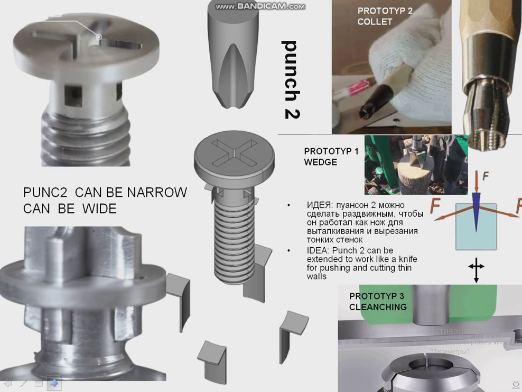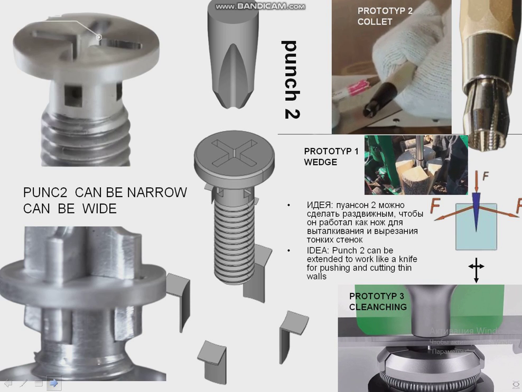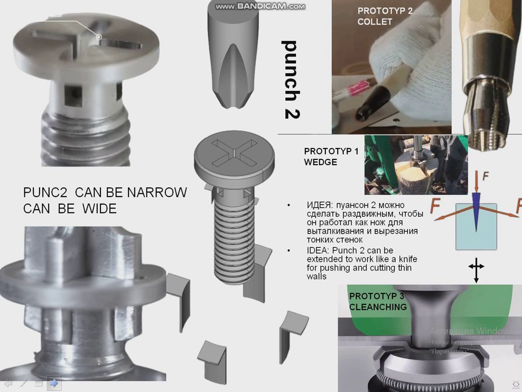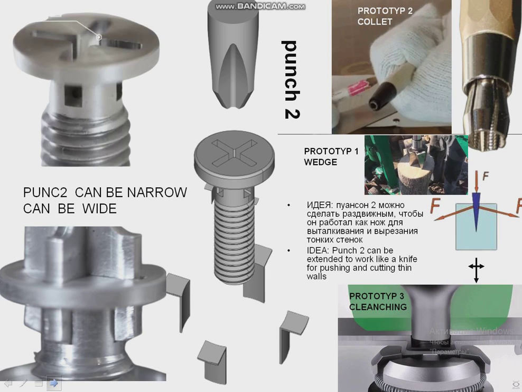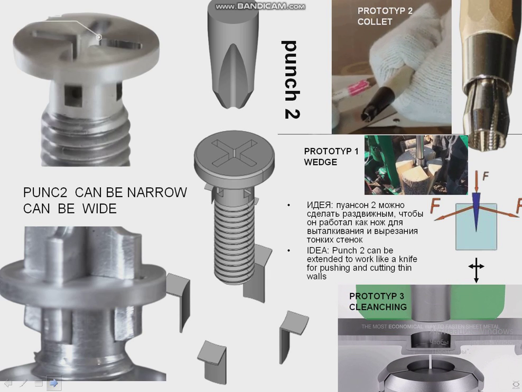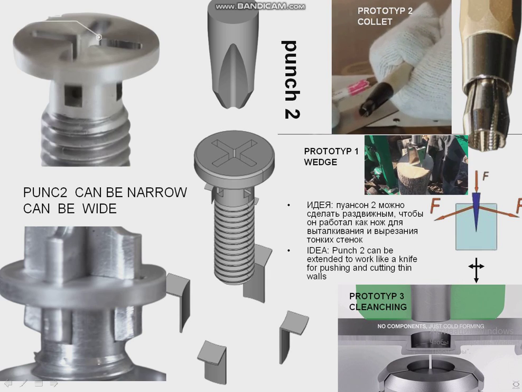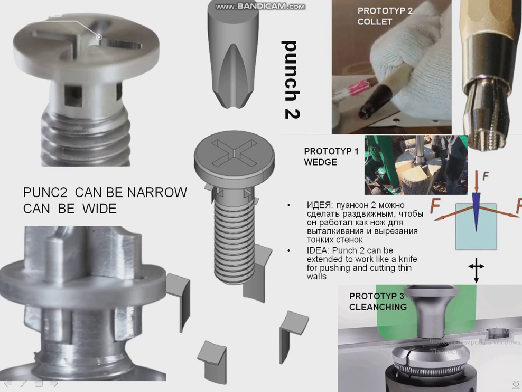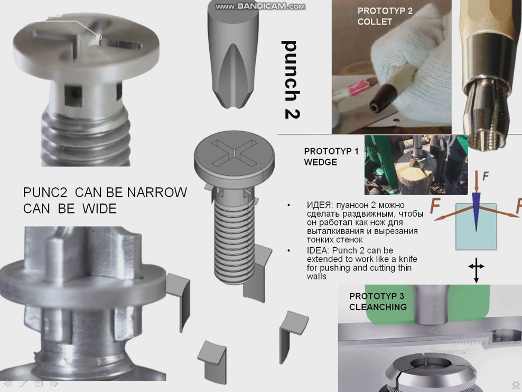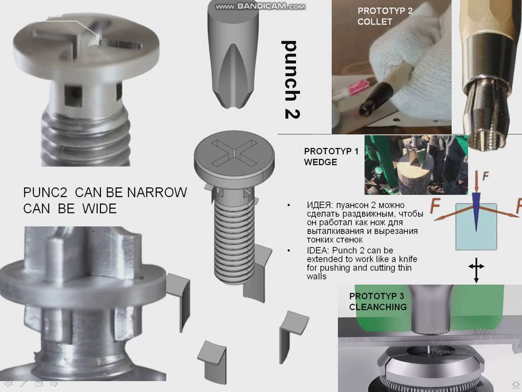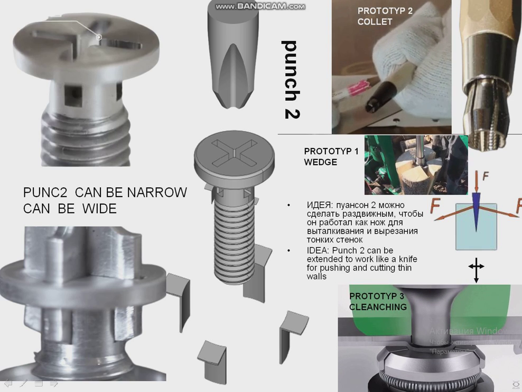We can develop these ideas and we can think about a movable element in punch 2, because you can see several suitable prototypes. For example, prototype number 1 is a wedge. Prototype number 2 is a collet. Prototype number 3 is the technology of clinching.